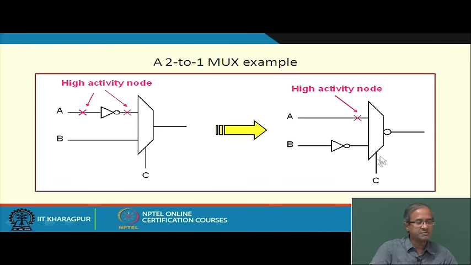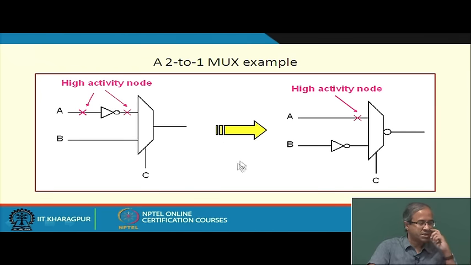So, functionally my multiplexer remains the same because there will be two inversions, but what I have achieved, instead of two high activity nodes, now I have a single high activity node, because the output, whatever it was, remains the same, there is no change.